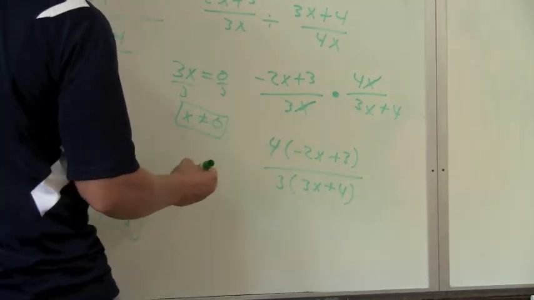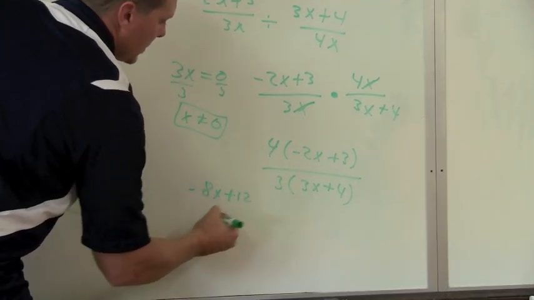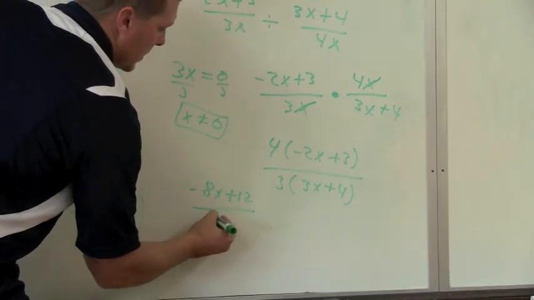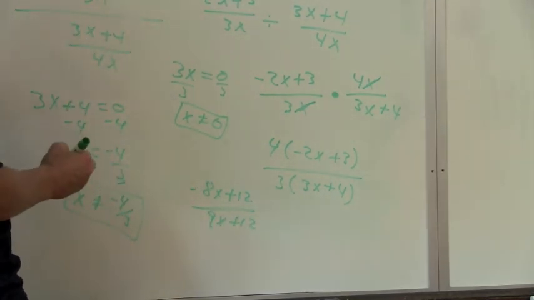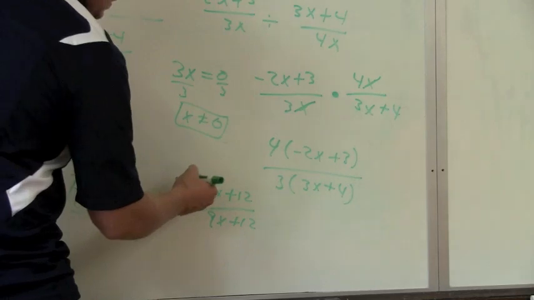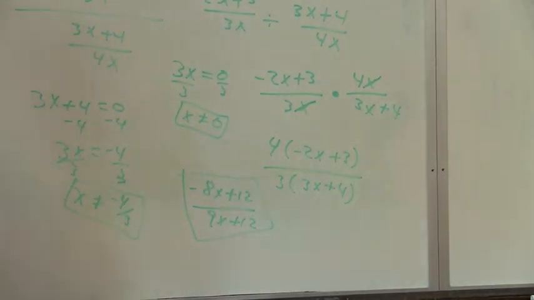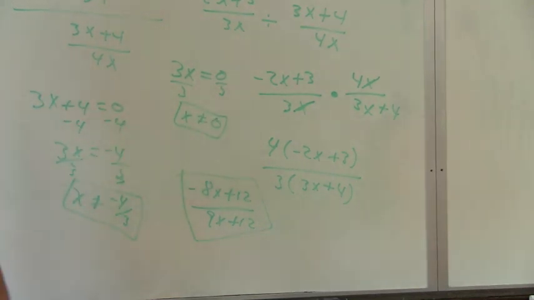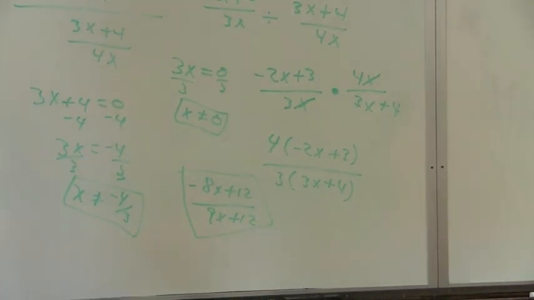I distribute in, I get negative 8x plus 12 over 9x plus 12. Okay? Now, there's nothing else I can do, so that is my simplified answer. These two are my restrictions, and that is it.